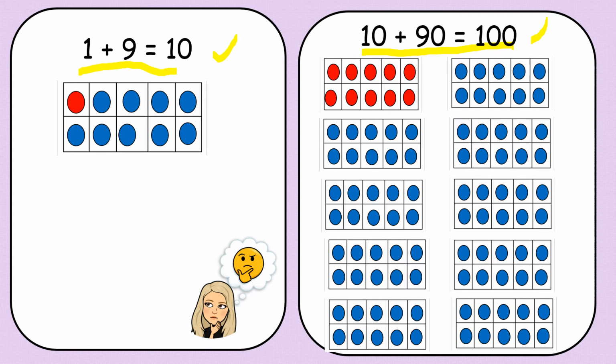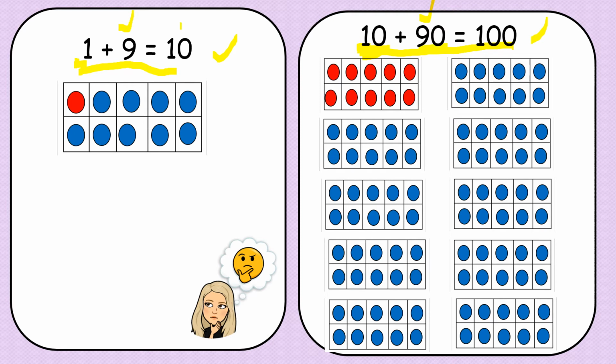Well, what's the same? I can see that there's the number 1 here, and I can see that there's the number 1 over here. But in this number, it's not 1 one. It's one group of 10, which we know is 10. Well done. Over here, I can see the number 9. I can also see 9 here, but it's not 9 ones, it's 9 groups of 10, which is 90.